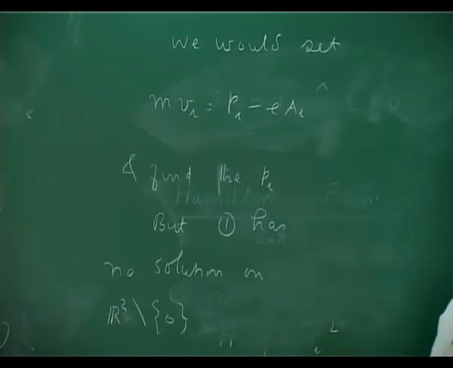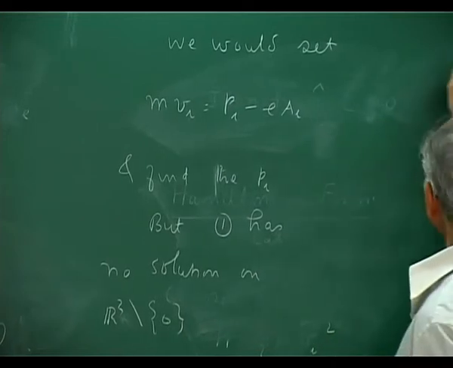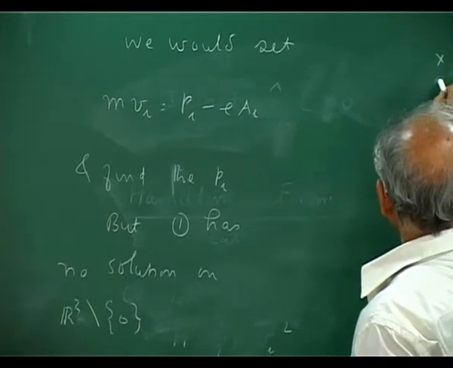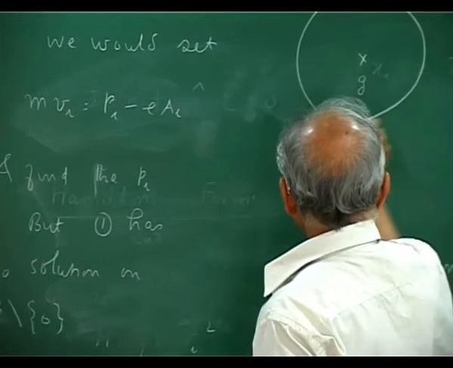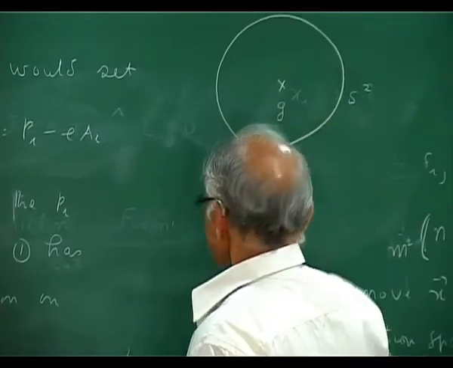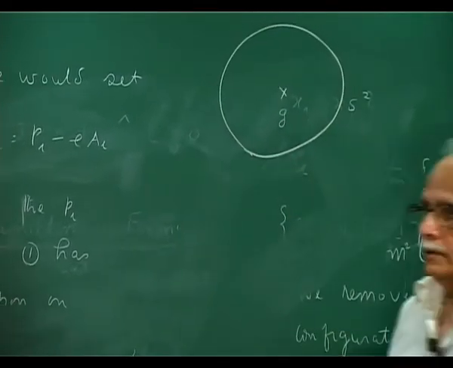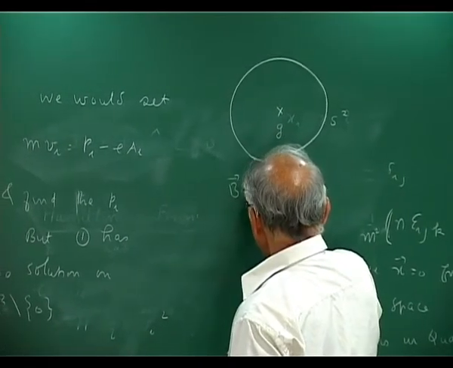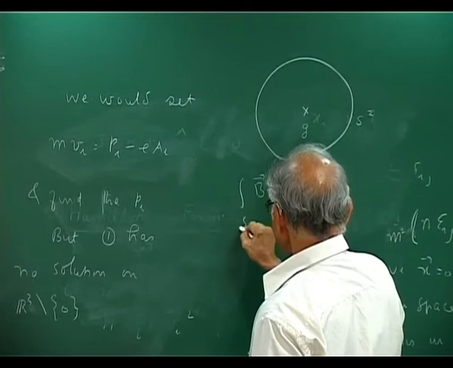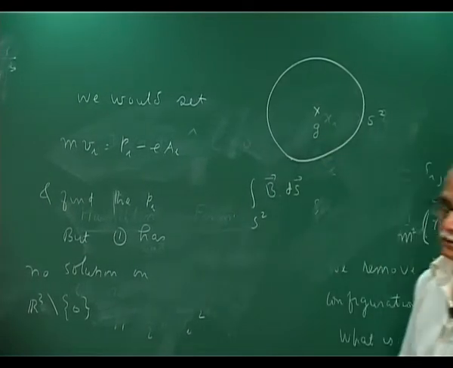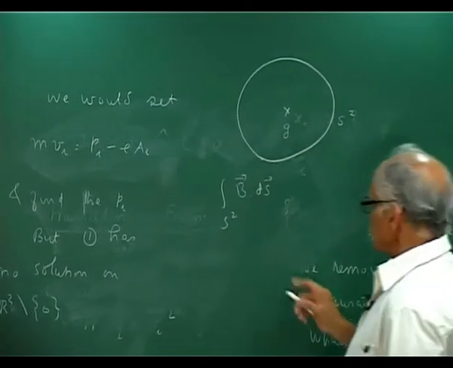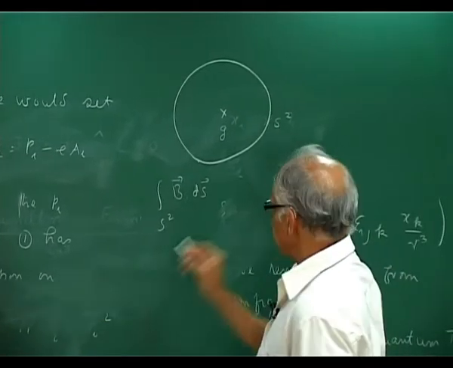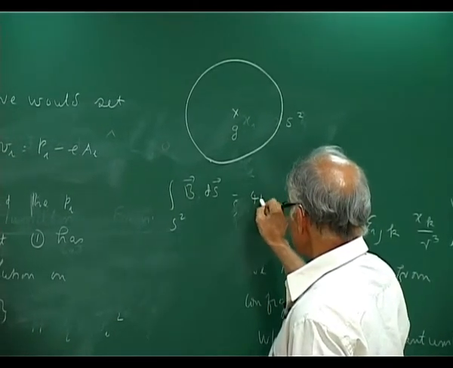This is a standard problem because you have the monopole at the origin. You integrate B dot dS on S2, right? I am not doing anything. So this is from this equation, g up to 4 pi.